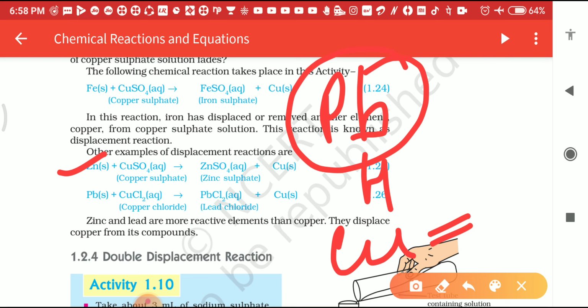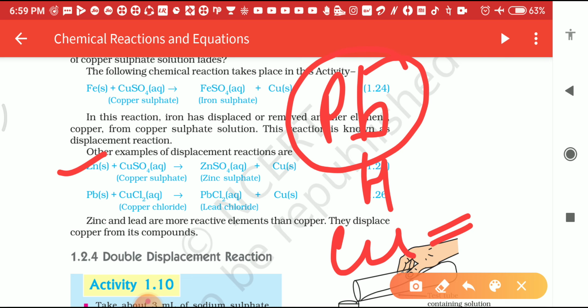Once again I will tell you the definition of displacement reactions. Those reactions in which one element takes the place of another element in a compound are known as displacement reactions. Before writing these reactions in your copy, first of all memorize the reactivity series of metals, because in the reactivity series all metals are arranged in decreasing order.